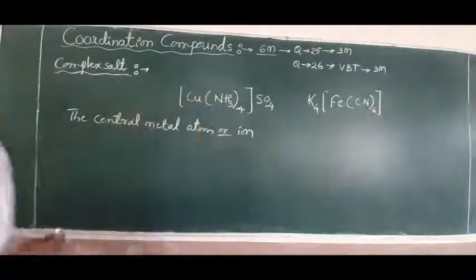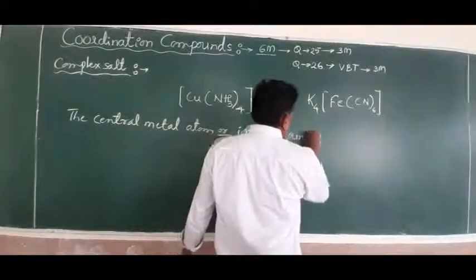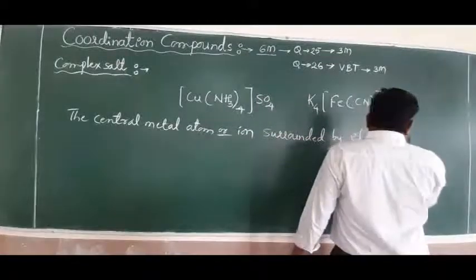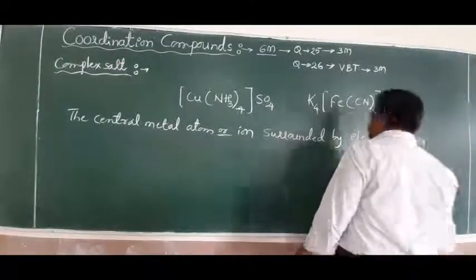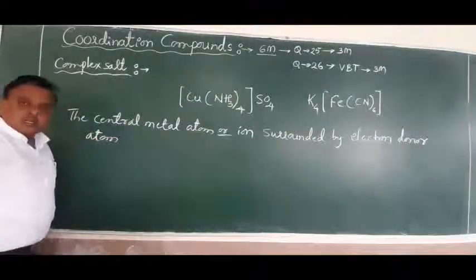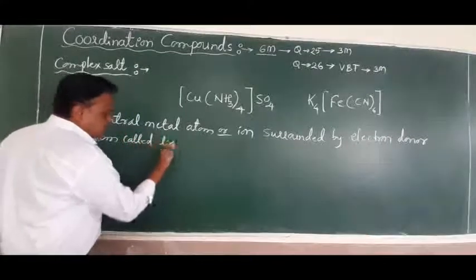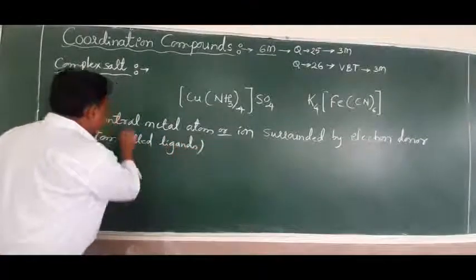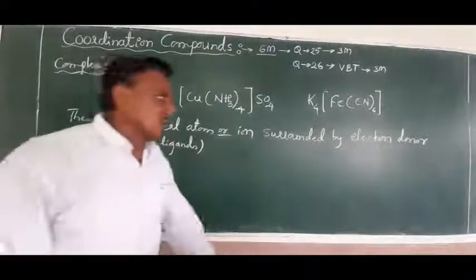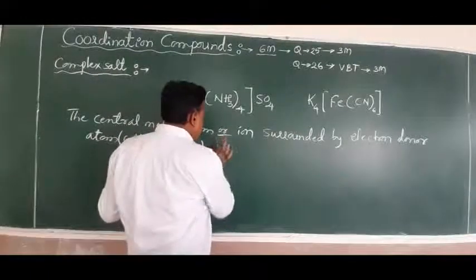The central metal atom or ion surrounded by electron donor atoms is called a complex salt or coordination complex.